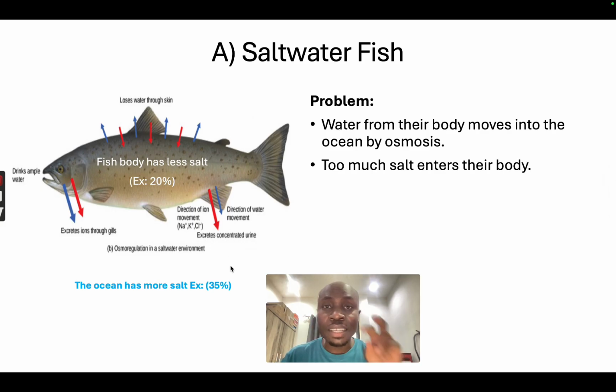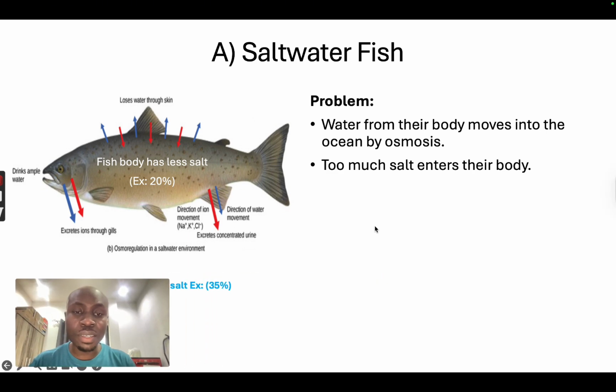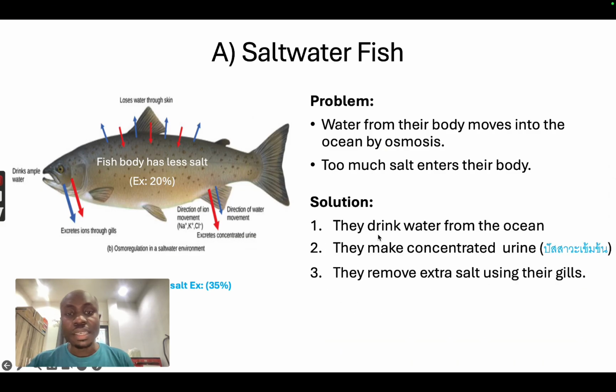These are two problems that the tuna has to solve. How does it solve them? Number one, they drink water from the ocean. Because too much water is going out of the body, they have to drink more water to get water back into the body.